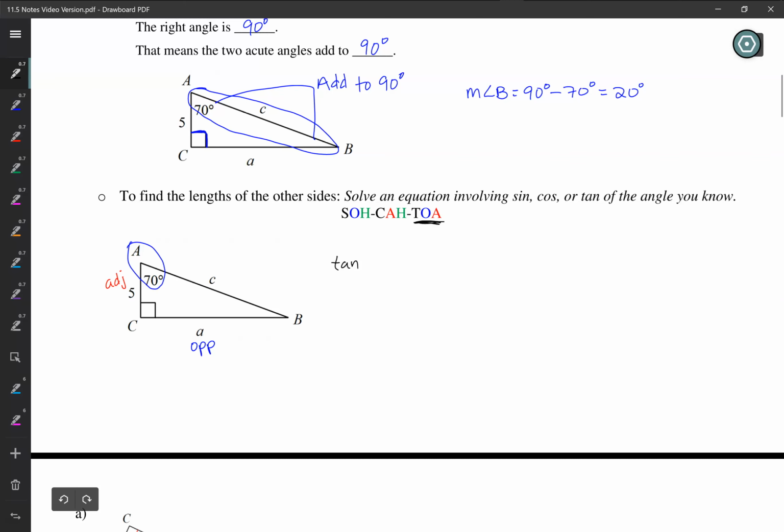So I'm going to write an equation with tangent of my angle, 70 degrees, and that equals opposite, which was A, over adjacent, that was 5. And then I go ahead and I solve the equation. So A is on top. That means all I have to do is multiply both sides by 5.